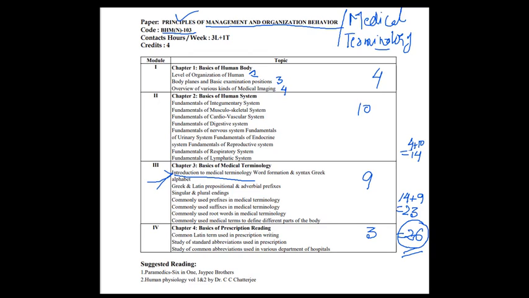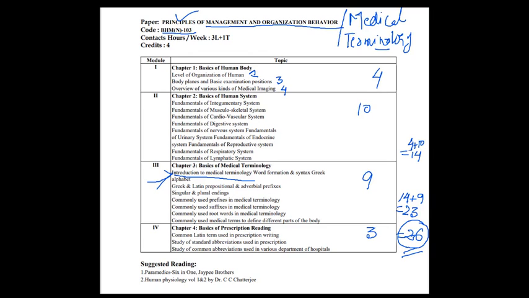for you, because when you get introduced to the subject, you willingly or unwillingly draw into the different systems also, because medical terms are formed based on the different systems of the body, the structure of the systems, the function of the systems, the diseases which each of these individual systems get struck with, right?